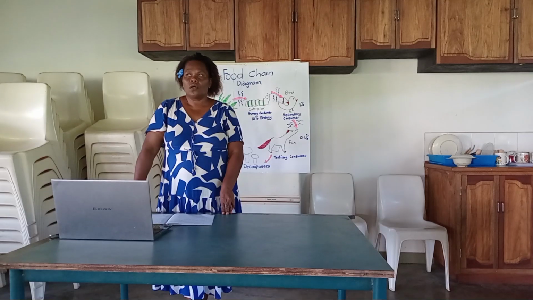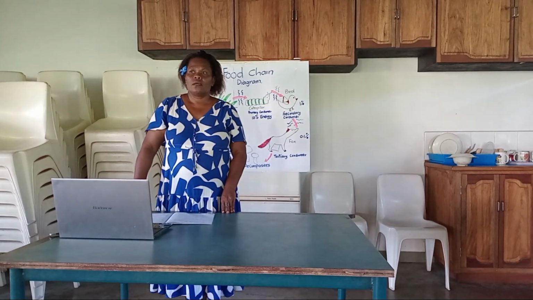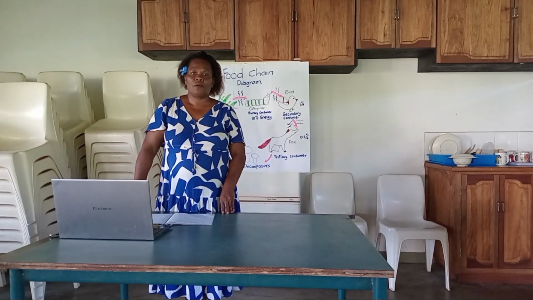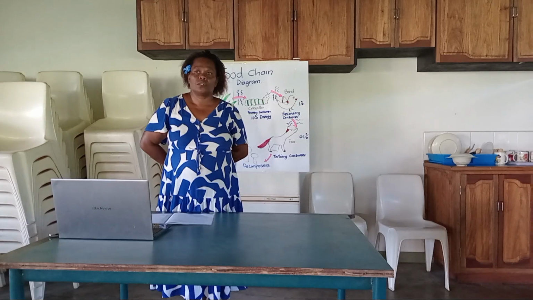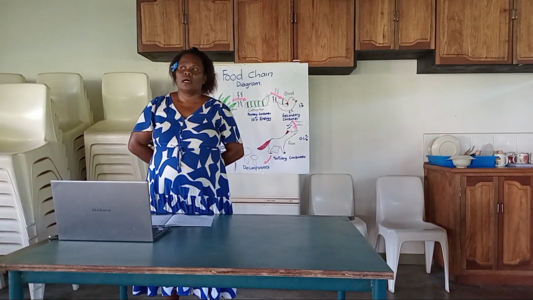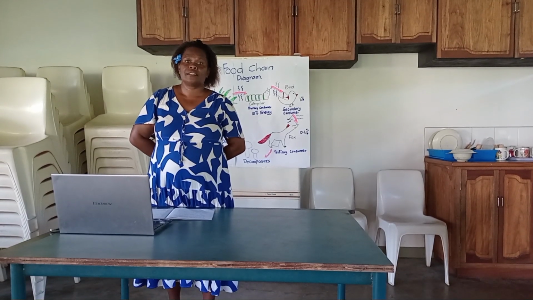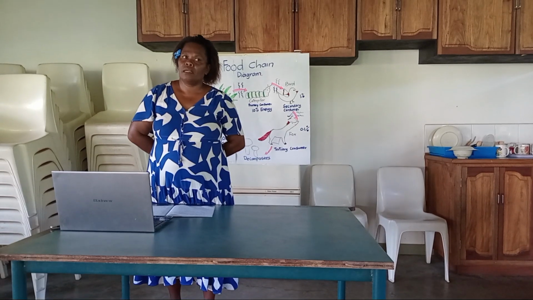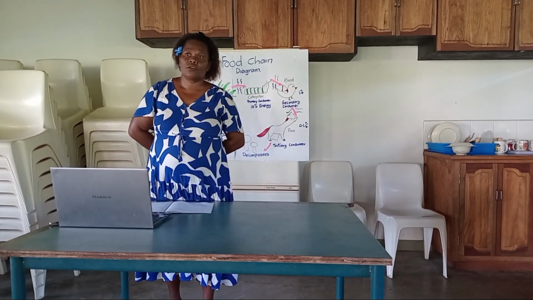Okay, so now we will define another new vocab word, which is food chain. It's a common word that you have heard in your past grades, maybe in primary, for example in grade 3, 4 or 5.